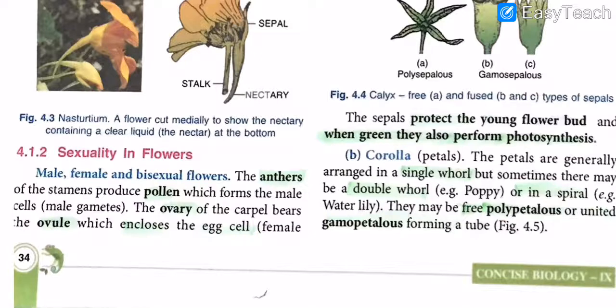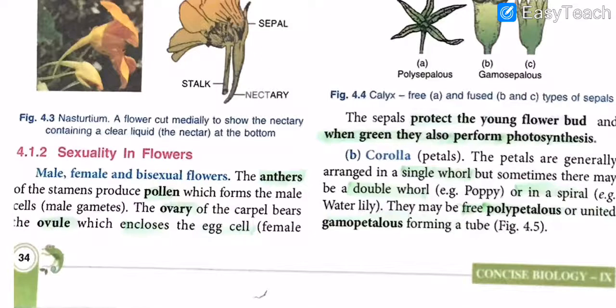So in the case of plants, the stamen and the pistil, they're collectively called androecium and gynoecium, right? They have the male gametes in the form of pollen grains for males and eggs in the case of females. The anthers of the stamens produce pollen, which forms the male gametes.